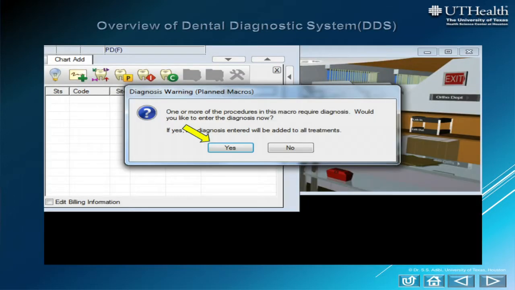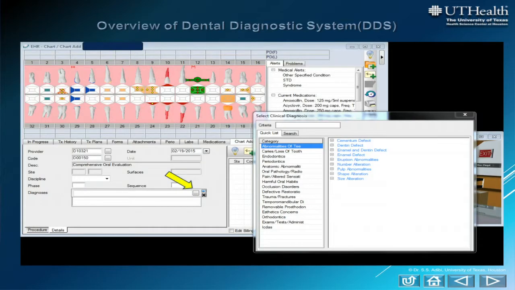Here you will be prompted to select a diagnosis for your planned procedure. Clicking on the Diagnosis button will open up the list of clinical diagnoses for you to select.